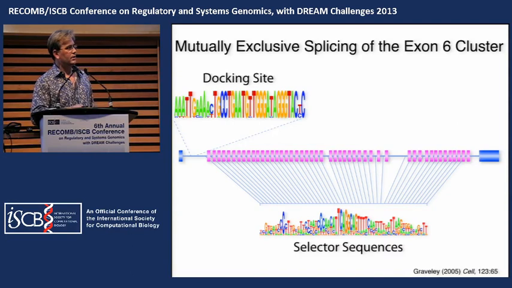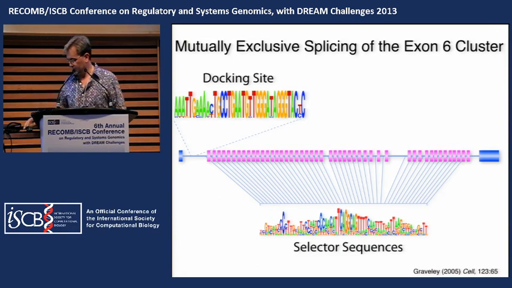Now, upstream of every alternative exon, there was a shorter sequence that was less conserved than the docking site, but still conserved. We noted that they were similar to one another, so you could draw this consensus sequence, and we called these things the selector sequences. What became apparent for how these were working is that if you flip this around upside down, it will base pair with this docking site.